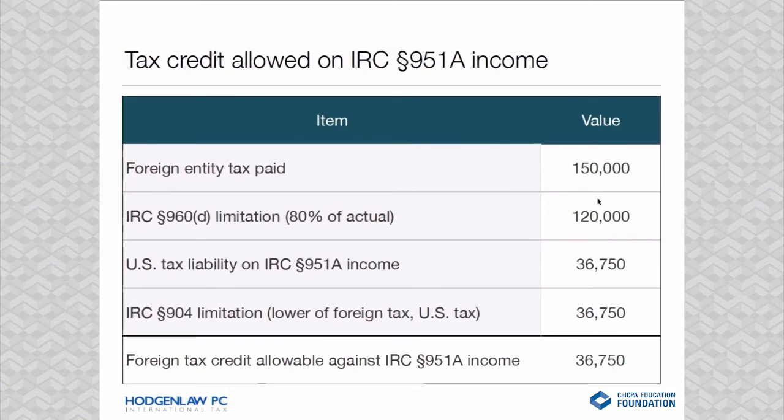And here, U.S. income tax is way lower, so the maximum allowable foreign tax credit is going to be the $36,750, which entirely offsets the income tax liability against the Section 951(a) income. So we've zeroed it out, and you really can't do much better than that. So we're happy, despite the 80% rule and the 20% haircut that we have to give back to the government.